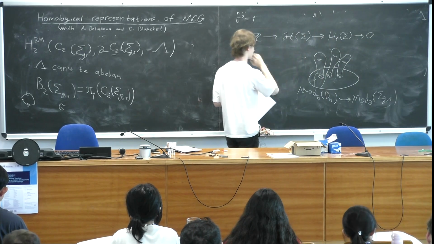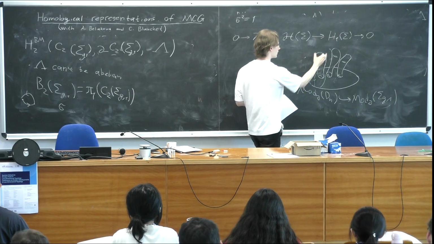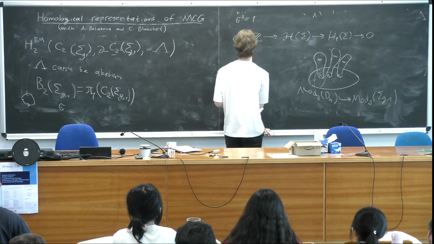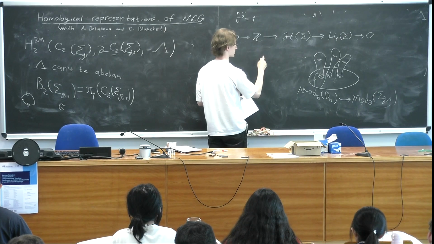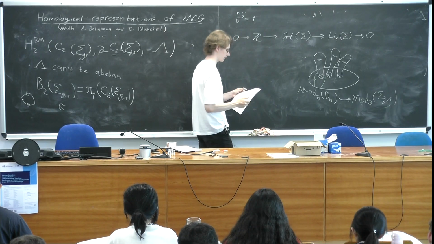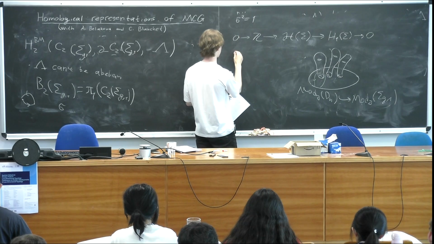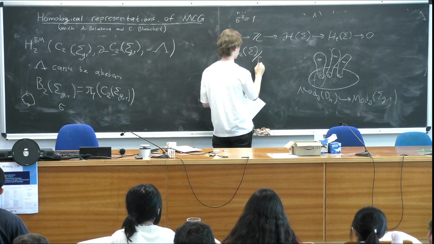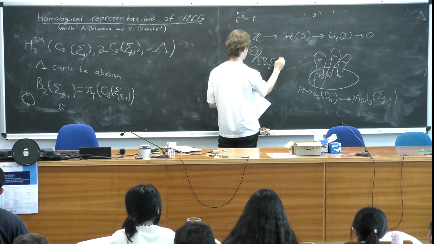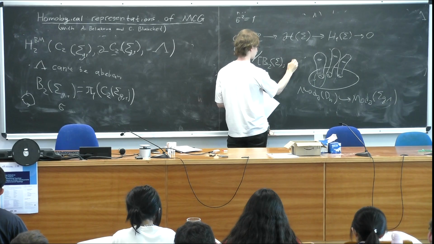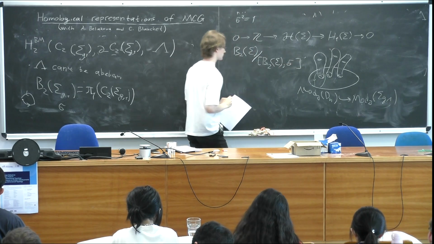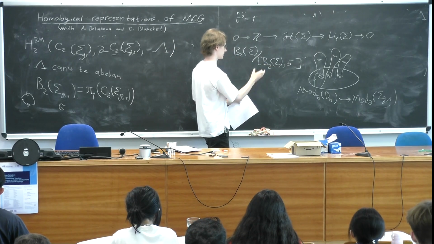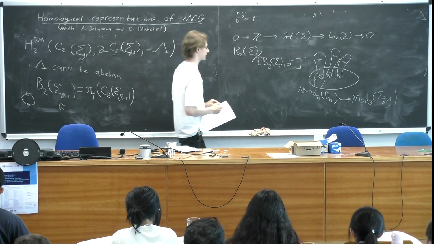So we take the central extension of the first homology group of our surface, and this extension is given by the intersection number, and it turns out that you can think about this group as a quotient of the surface braid group by the commutator with the canonical generator.